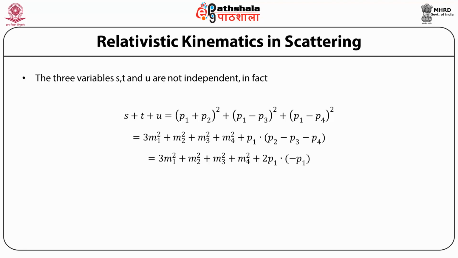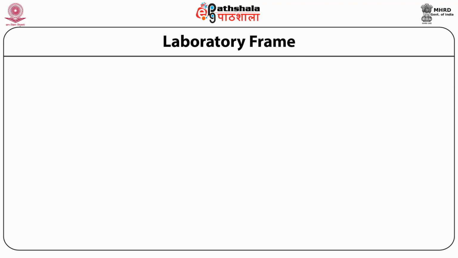This is equal to 3m1² + m2² + m3² + m4² + 2p1·(−p1). Thus, s + t + u = m1² + m2² + m3² + m4². We next consider the laboratory frame.